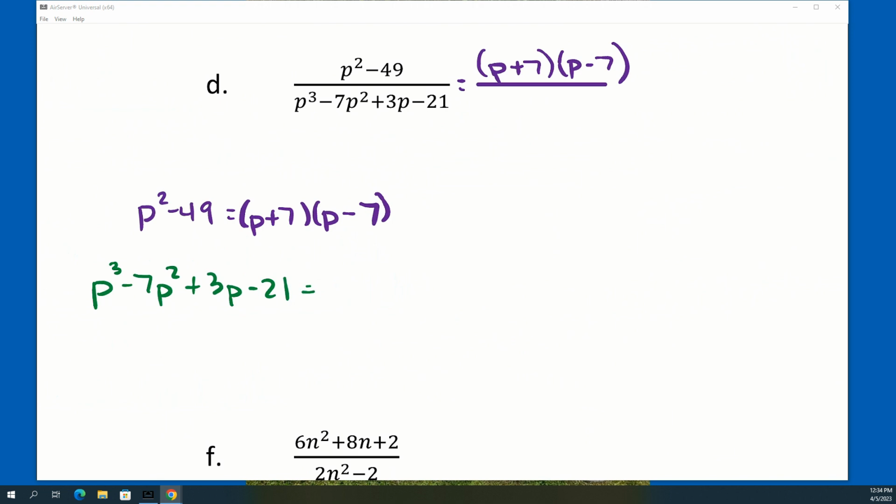Okay. And then we have the denominator, and it has 4 terms. So if you look at that factoring guide, when you're factoring with 4 terms, you're going to factor by grouping. So we'll divide it into 2 groups and factor a common factor out of each group.